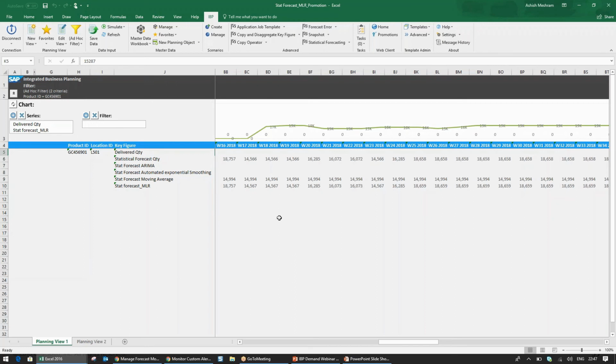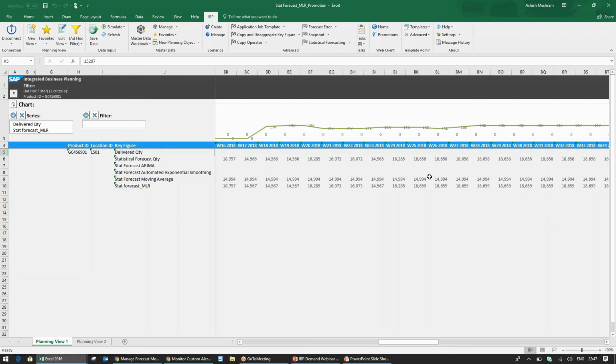Here, if you see this particular graph, you can see some spike after week 25. After this period we have given a price discount as an independent variable. When you run multiple linear regression, it will take your history into consideration.